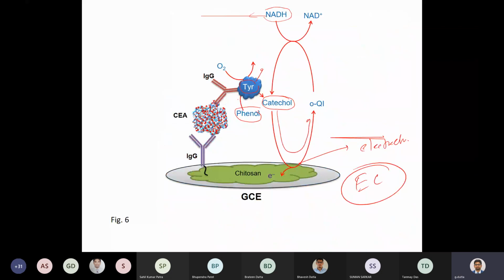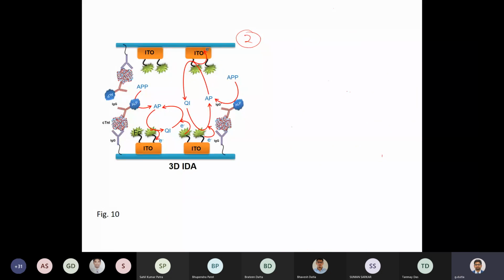So if we can design a compartment of the electrode, we can apply positive potential here and negative potential here. This electrode surface is the reduction, negative potential.